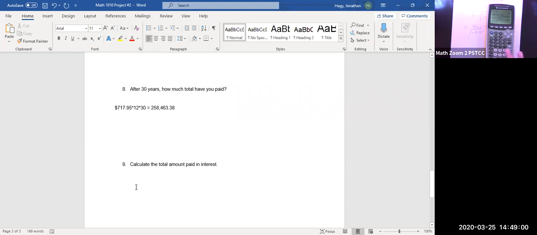So we subtract 160,000, which means the total amount paid in interest is $98,463.38.